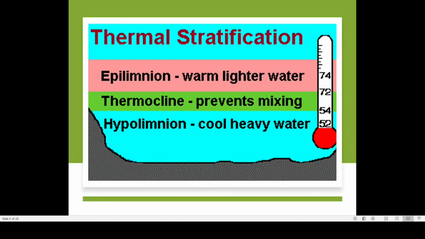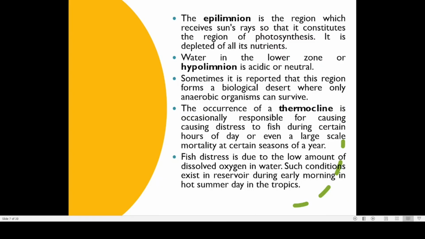The middle layer called the thermocline prevents the mixing of warm upper water and cold lower water. So in most aquatic environments we find thermal stratification. Epilimnion is the upper region, hypolimnion is the lower region, and there is a middle region known as the thermocline.